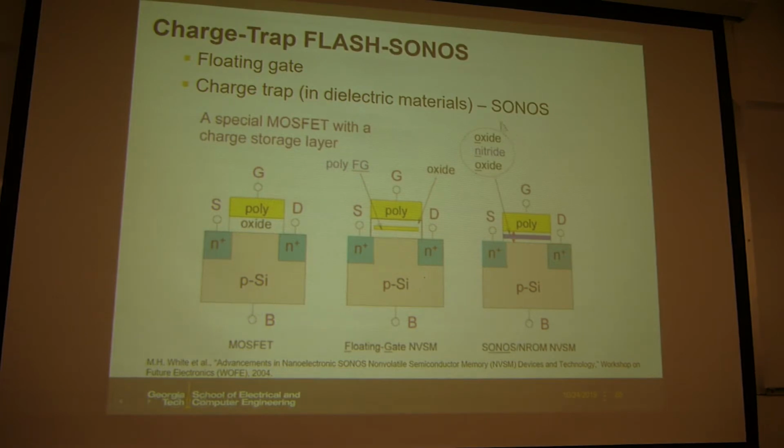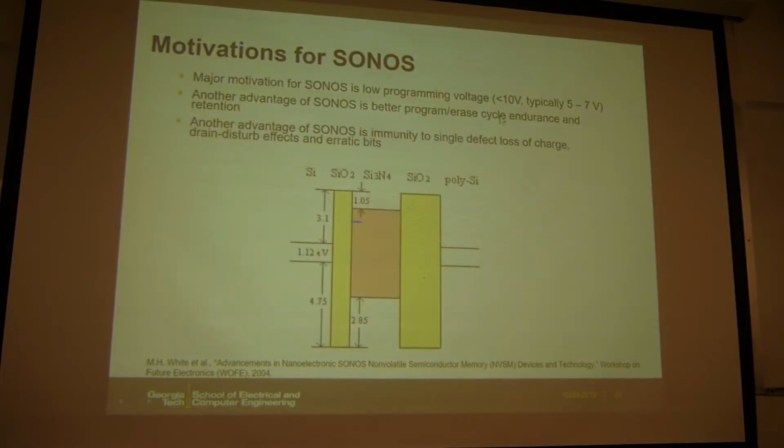And the name SONOS is because of the structure. If you look at this structure across the gate, for example, we have the channel, which is silicon, and then the first is the tunnel oxide, in this case silicon dioxide, and then here this floating gate becomes this charge trap layer, and this is the nitride, typically silicon nitride.